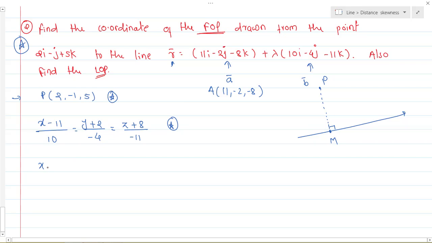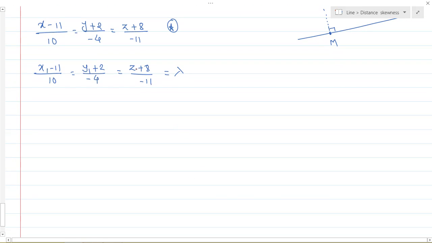So you will get (x1 minus 11) divided by 10 equals (y1 plus 2) by minus 4 equals (z plus 8) upon minus 11 is equal to lambda. Now let's solve for x1, y1, z1.